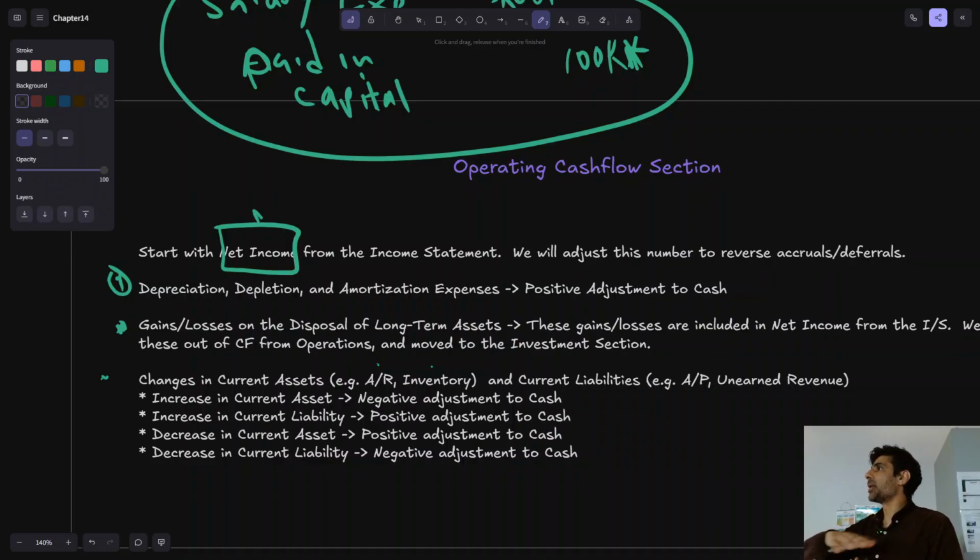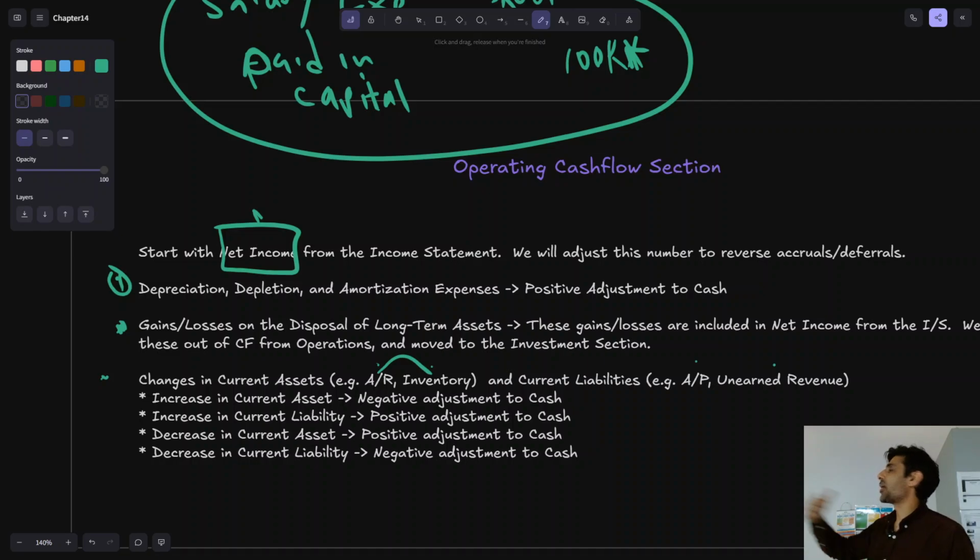We're going to talk about this in detail, but this is definitely the most confusing set of adjustments. Current liabilities, accounts payable, unearned revenue: we're going to see how they changed between the periods, and based on that change, it will help us figure out how much cash. We'll just see how this works.